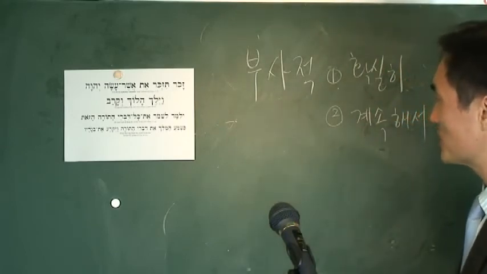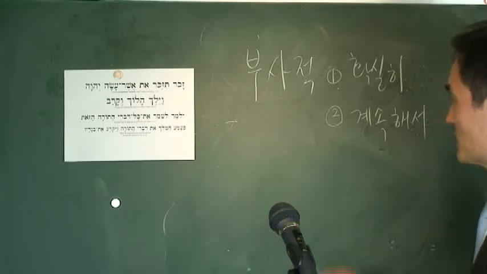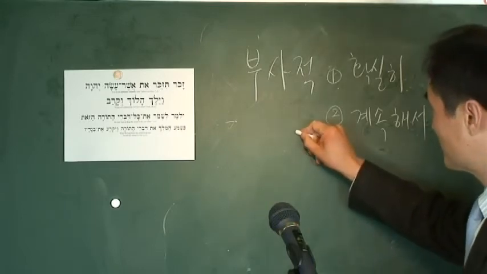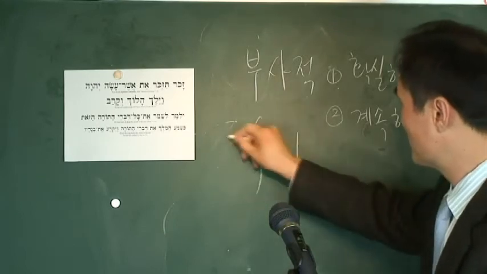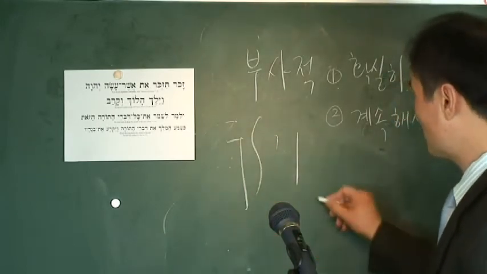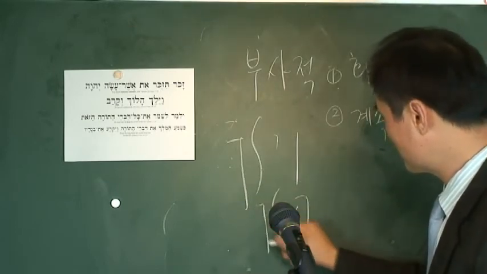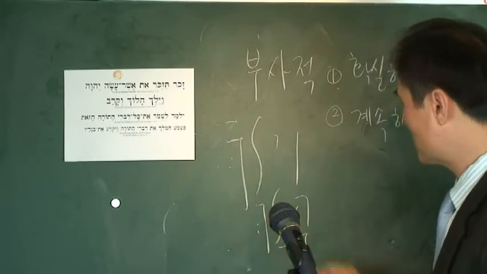Vayelech halok ve'karab. The leading word of this sentence is Vayelech. Vayelech comes from the verb halak.